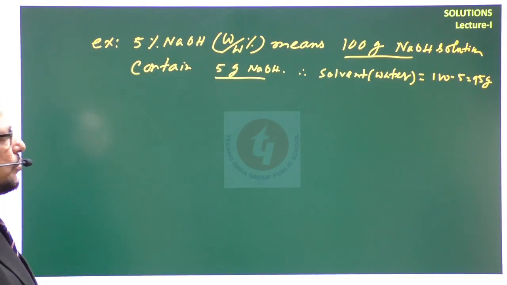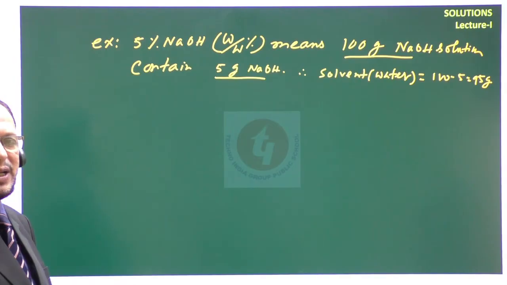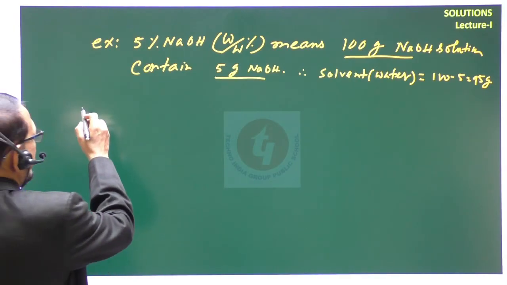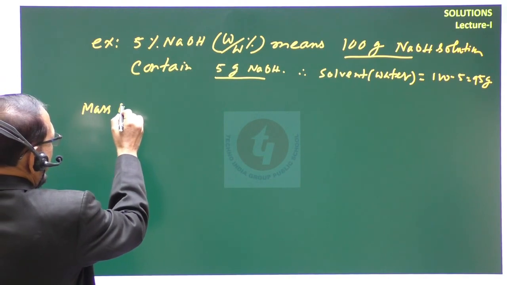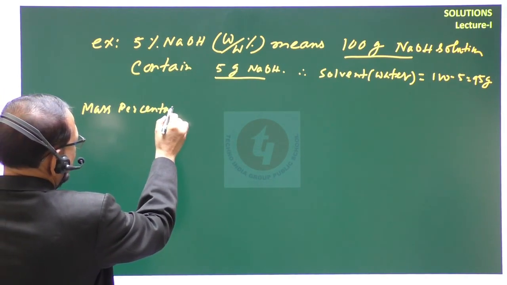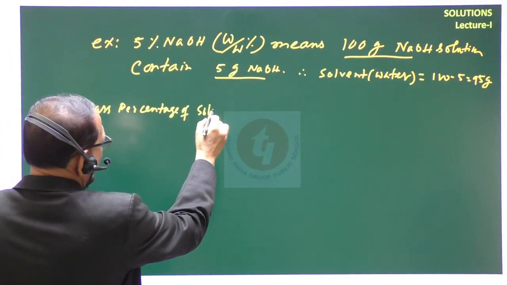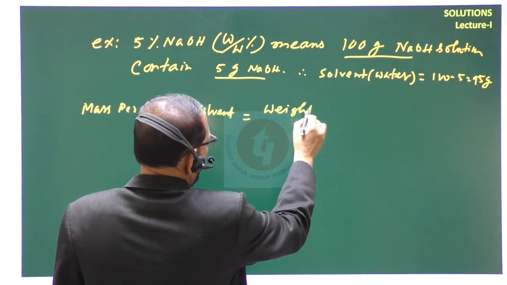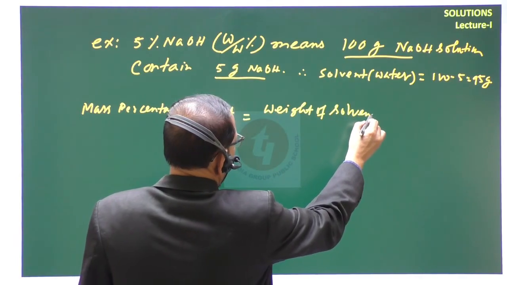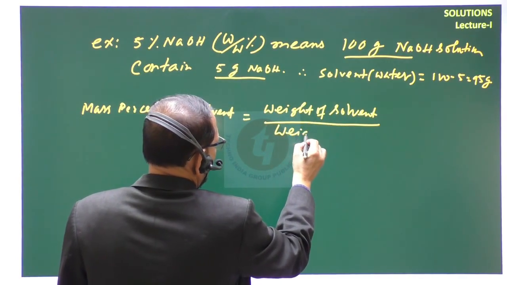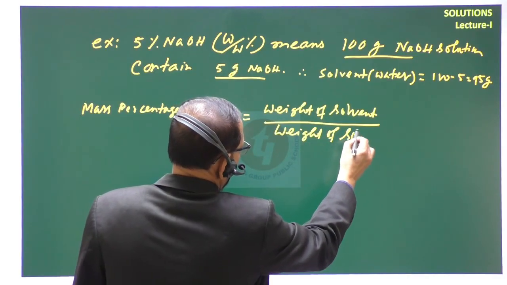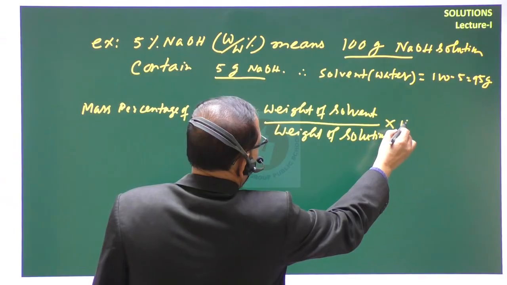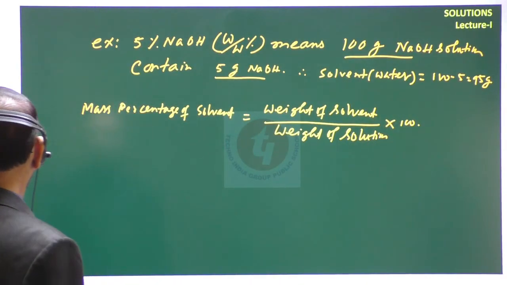Similarly, the mass percentage of solvent is the weight of solvent by weight of solution into 100. So it can be weight by weight percentage.